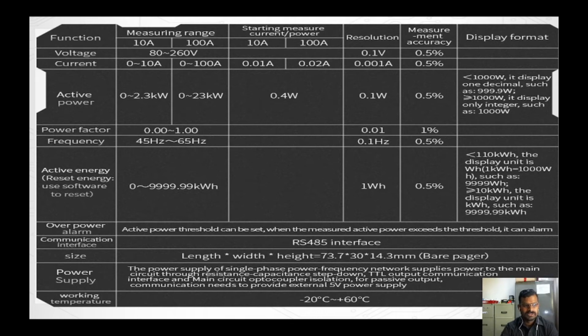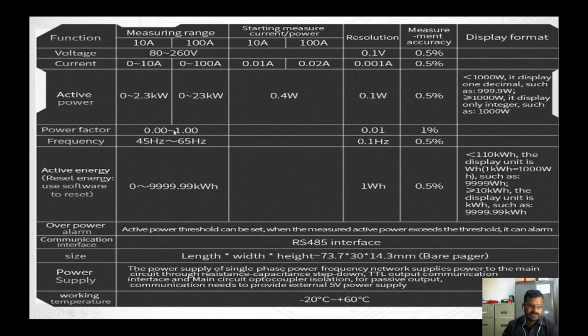So what are the ranges of electrical quantities you can measure using this sensor? We have two varieties: PZEM004 version 2, which can measure up to 10 amperes, and version 3 up to 100 amperes, and the voltage range is from 80 to 260 volts. For power, the 10 ampere module can measure 0 to 2.3 kilowatts, and the 100 ampere sensor can measure 0 to 23 kilowatts.